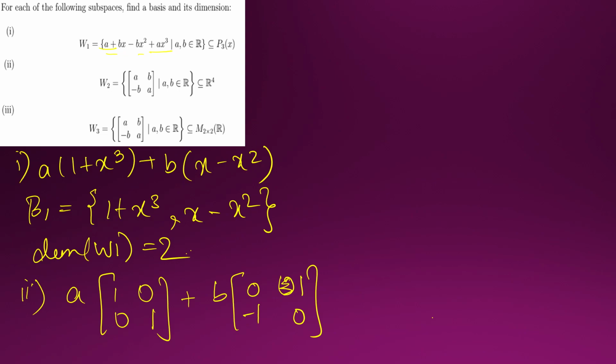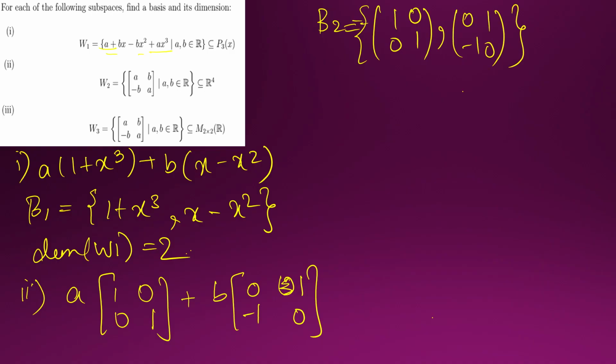So A and B can be written in this format. Therefore, any element, any vector that is in W2, can be written in this format. And therefore your basis is {(1, 0, 0, 1), (0, minus 1, 1, 0)}, and your dimension of W2 is equal to 2.